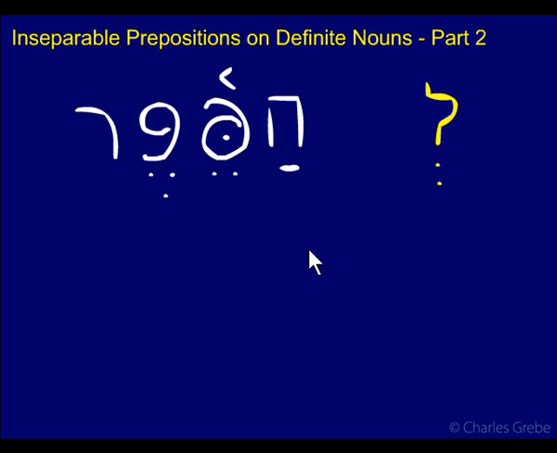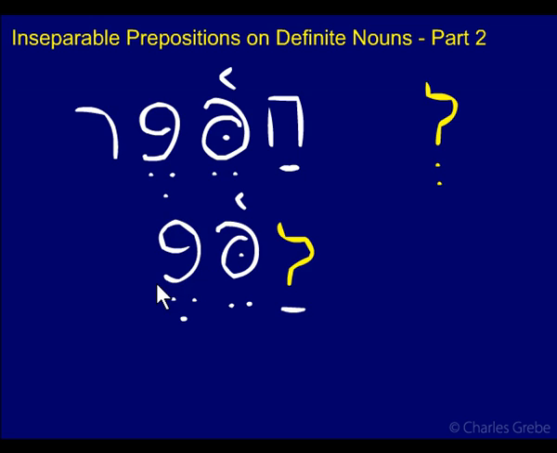So, ha sefer becomes la sefer, and I'll replace this to emphasize that the only thing we've changed is the consonant.